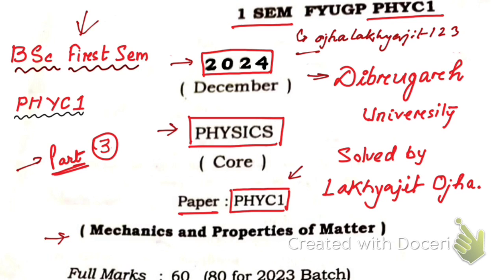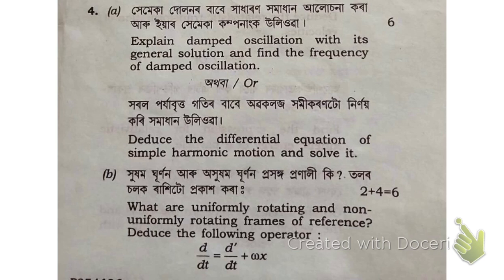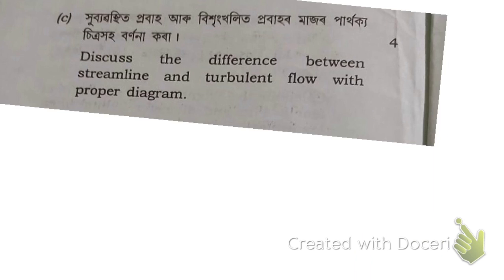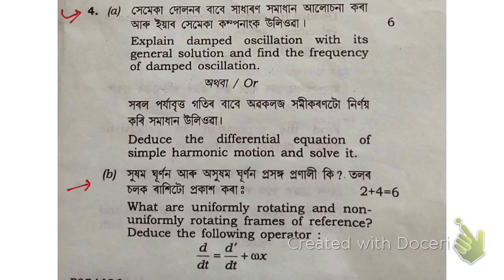So now let's start. In the last video, we have already solved up to question number 3. Today I'm going to answer question number 4A, 4B, and 4C. The first question: explain damped oscillation with its general solution and find the frequency of damped oscillation. I have already answered this question and made a video on this topic.